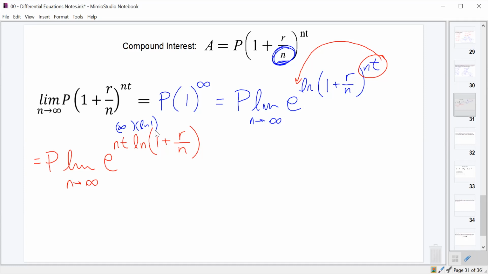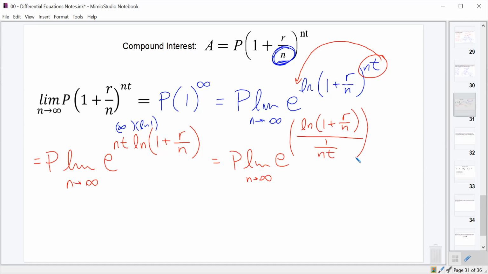One of the ways we can get around that is, instead of multiplying by nt, we can divide by 1 over nt. So we'll have the limit as n approaches infinity of e to, now we have a pretty big power up here, natural log of 1 plus r over n over 1 over nt.